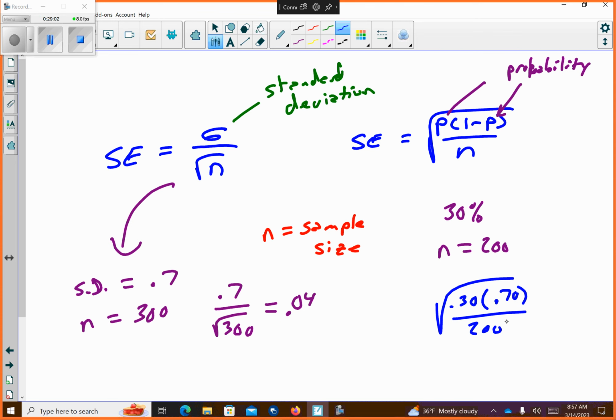So 0.3 times 0.7, put that in parentheses, divided by 200. In this case, this would come out to something like 0.03. So that's just a couple of examples that you might see as you progress along in this.